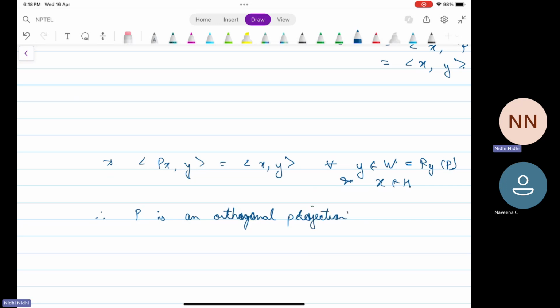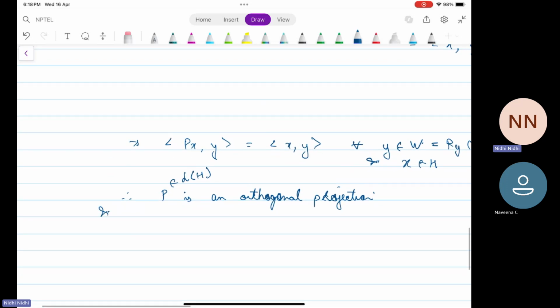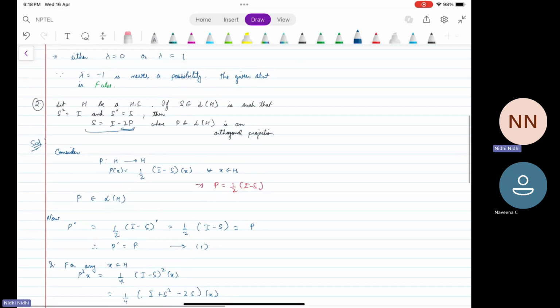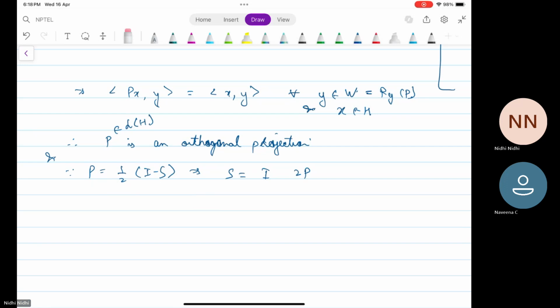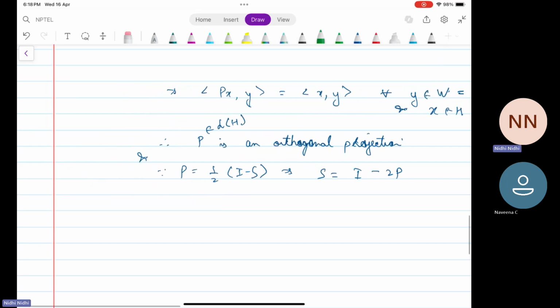Obviously, this P belongs to the space of bounded linear operators on H, and since P is equal to 1 by 2 I minus S, this implies S is equal to I minus 2P. Therefore, the given statement is true.